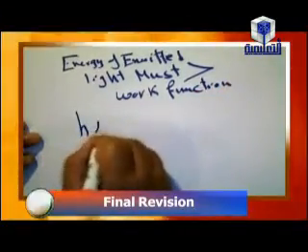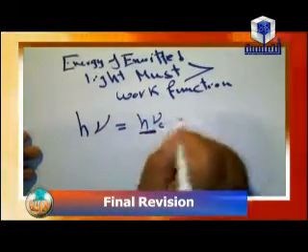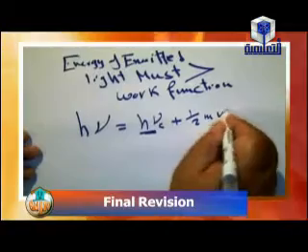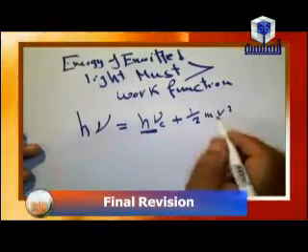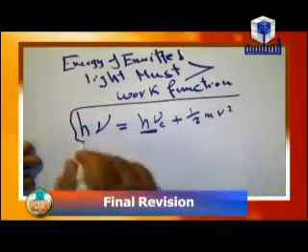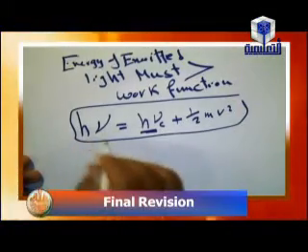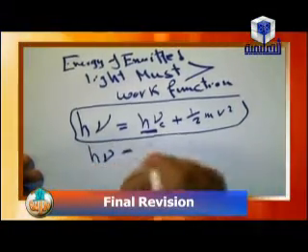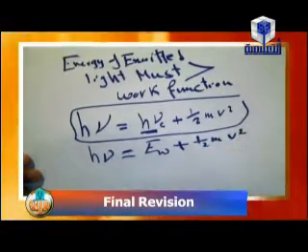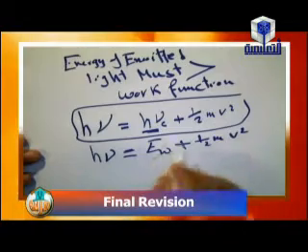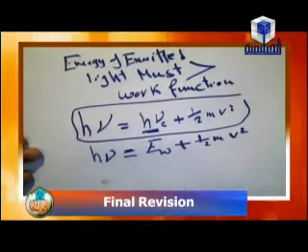H nu, the energy of incident light, is equal to h nu c, the work function, plus half m v squared, the kinetic energy which makes the electron come out from the surface of the metal. So h nu is equal to h nu c plus half m v squared. Can I write it again? H nu equals E W, which is the work function, plus half m v squared. This is the kinetic energy. So the energy of incident light minus work function is equal to half m v squared.